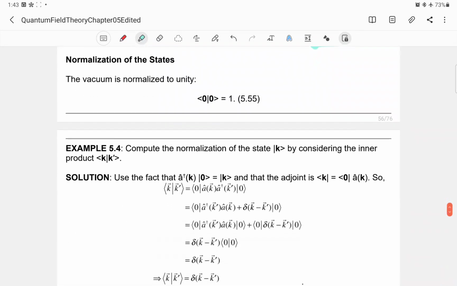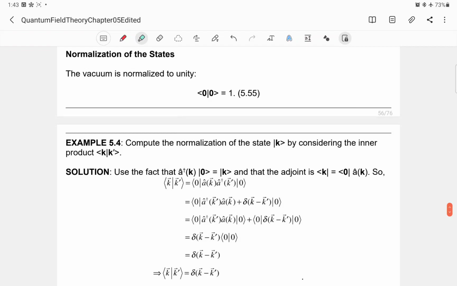How do you normalize a state? So for the vacuum, the normalization is just equal to 1. And let's now compute the normalization of state k by considering the inner product here. I hope the solution is easy to follow.